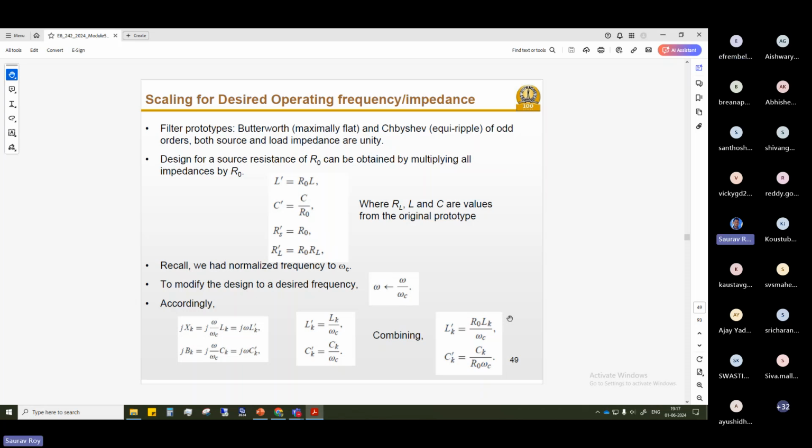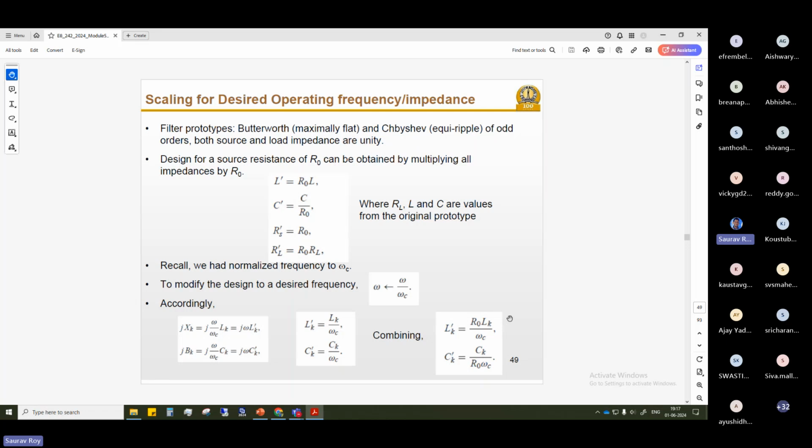Hello. I have a question, sir. What is the effect when we increase the order number of filters, like low pass filter or high pass filter? Okay, so generally, if you stack up multiple sections, you are supposed to get a better response in terms of the roll off.